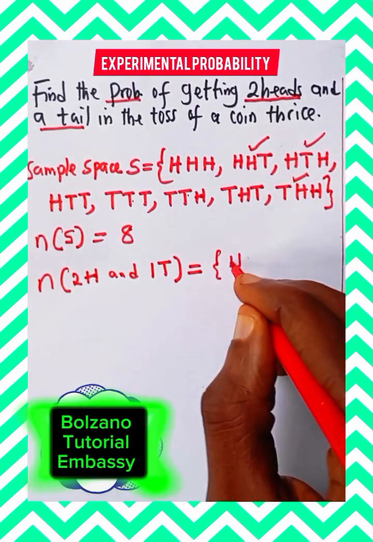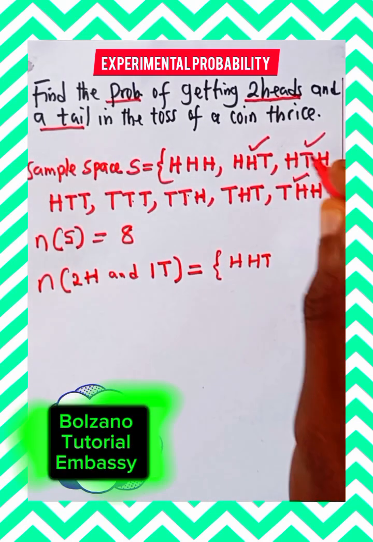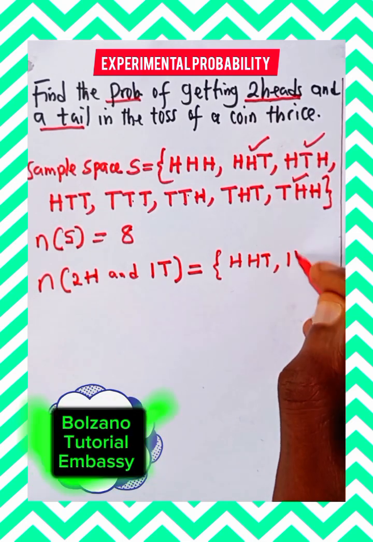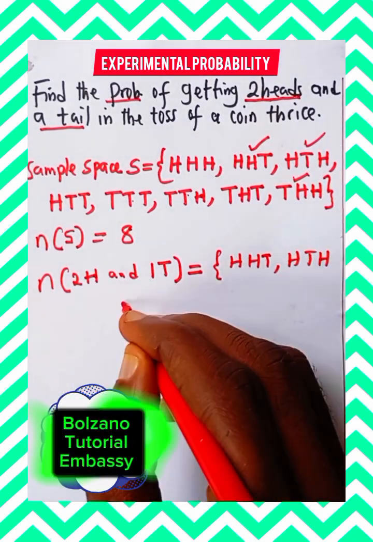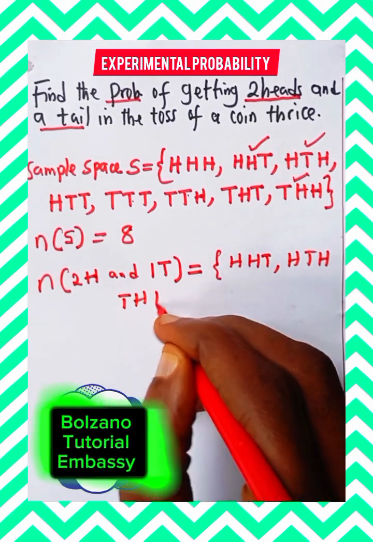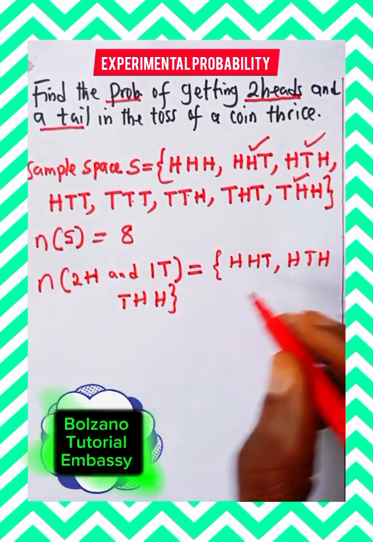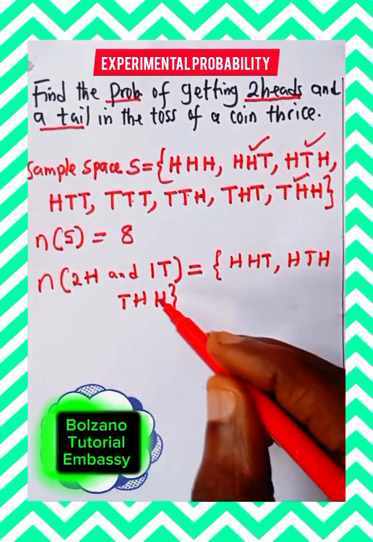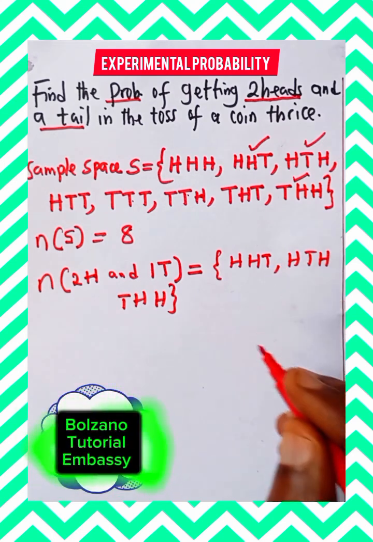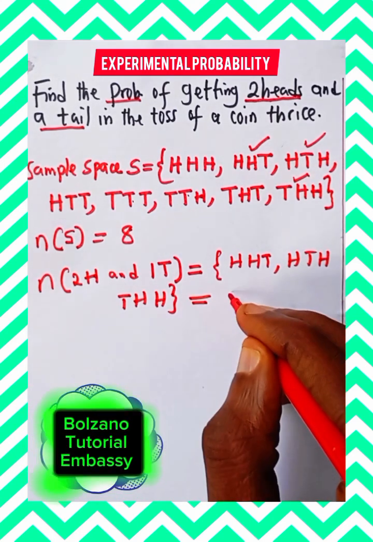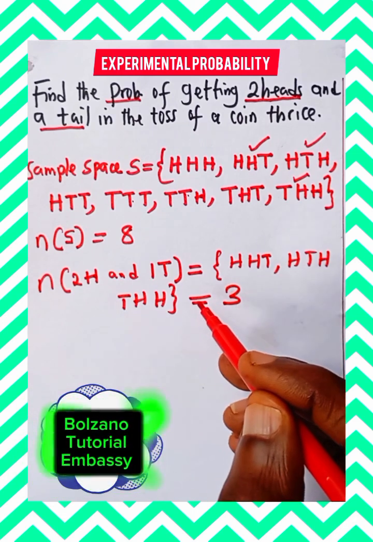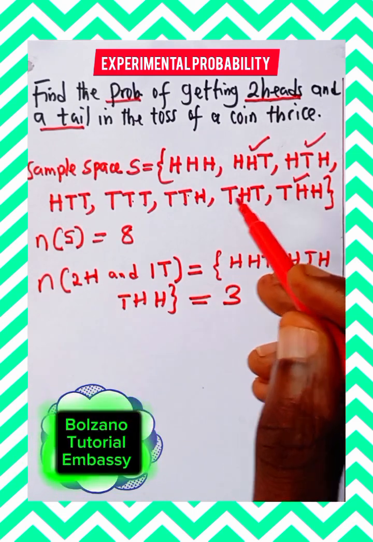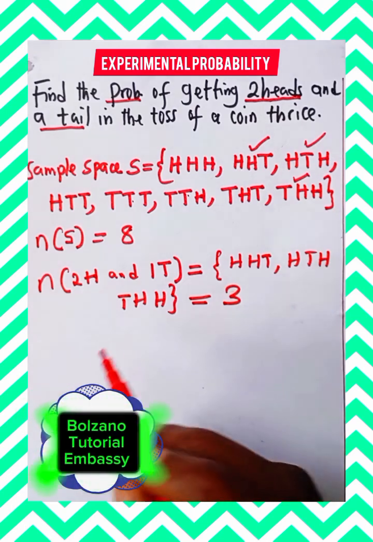We have head, head, tail, that's the first one, followed by head, tail, head, then followed by tail, head, head. These are the 3 possible ways of having 2 heads and 1 tail. Now, the total is equal to 3. So we have 3 ways of getting 2 heads and 1 tail from throwing a coin 3 times.